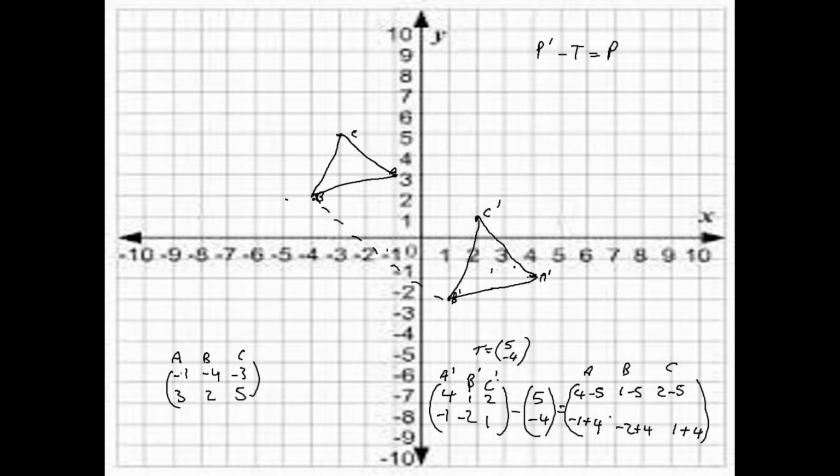So our A is our C point, right? And look at it, it's like you're sliding that shape, right? So this is our object, and this is our image.